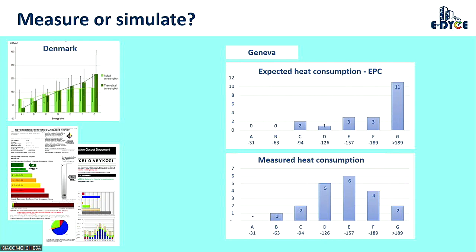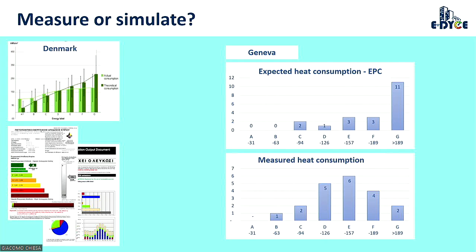We have an overestimation of the energy consumption of old buildings and underestimation of the new buildings. And we tried to see on this statistical sample what is the expected energy consumption by the EPCs. A lot of class G, they are really very pessimistic, and then you have downstairs the measured heat consumption.